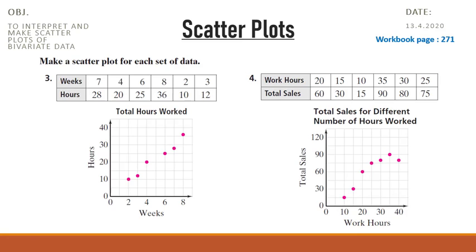Yes, where is the point? Okay, let's check. 20 and 60. 15, 30. Okay, so this one may be wrong. I don't have 40 in the hours. Right, you're correct. 35, 90. Correct. Yes, so there is no point at 40. You're correct.